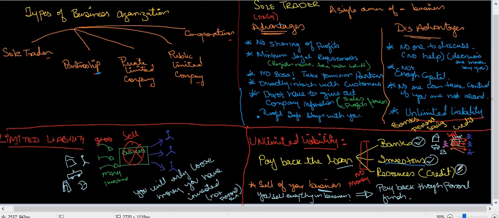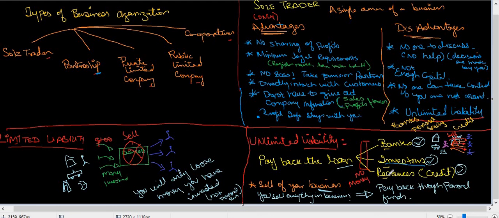The last point is unlimited liability. Unlimited liability is when you lose your business, you will have to give away all the investments you have made in the business itself, and your personal funds. So whatever personal funds you own, whatever personal property you own, you will have to give it away. Normally you take loans, or you have to pay banks, investors, or people you have taken credit from.